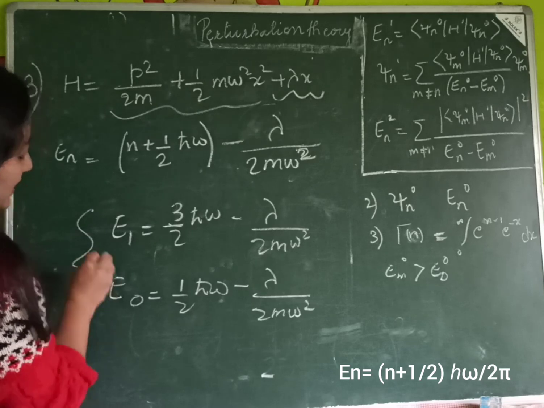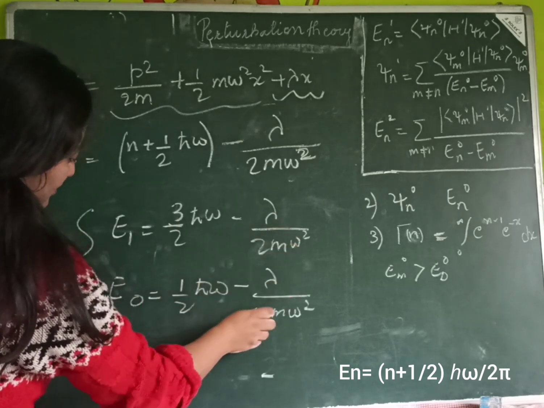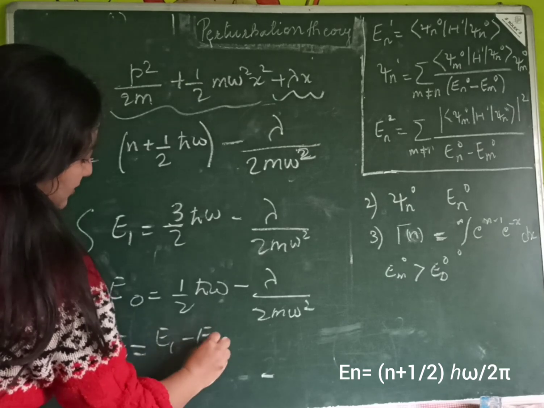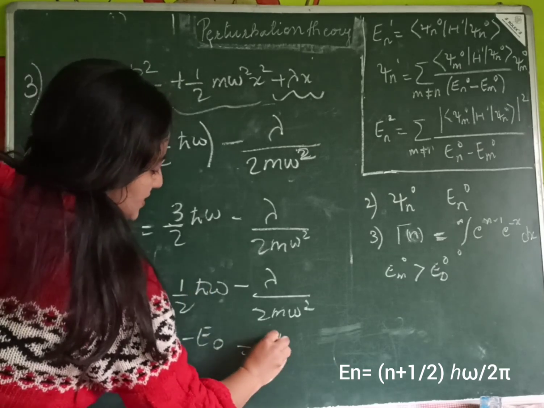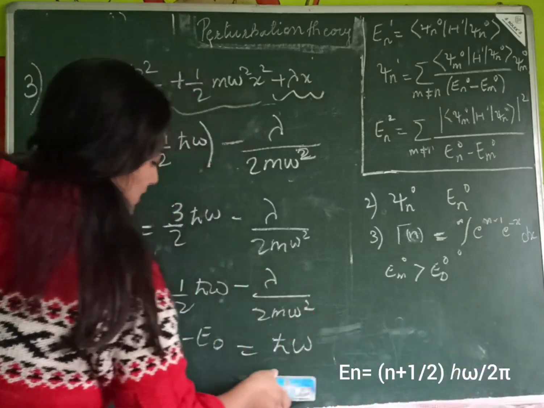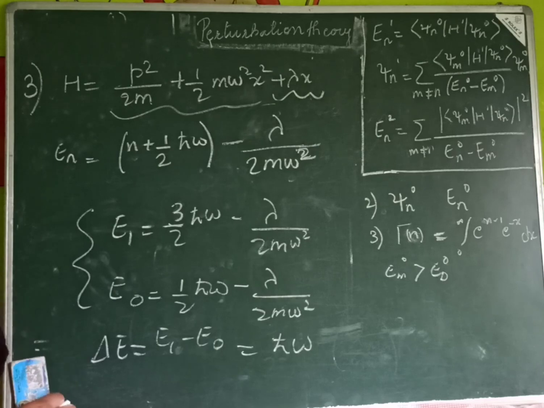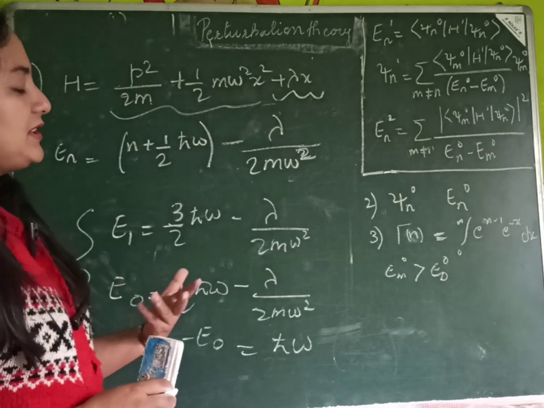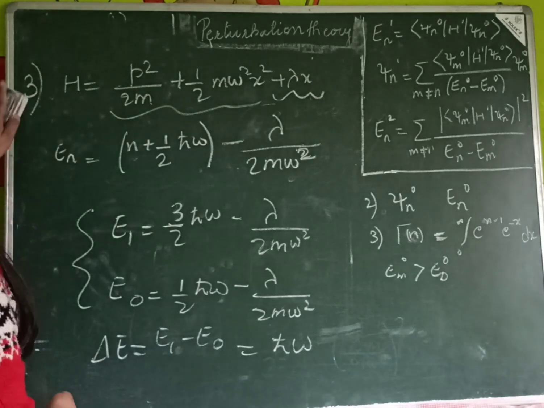The difference between these two energies is asked. So delta E: these two terms are going to get cancelled, E1 minus E0, and that finally gives me h cut omega. So these are the cases where the energy eigenvalues had just been lifted or decreased by some constant potential.